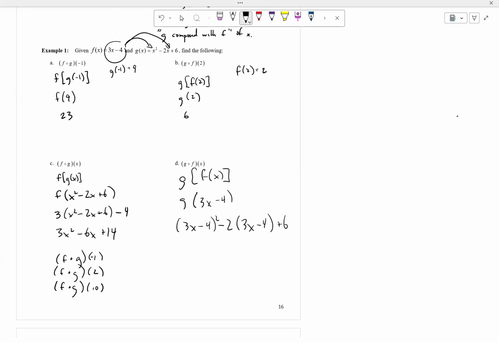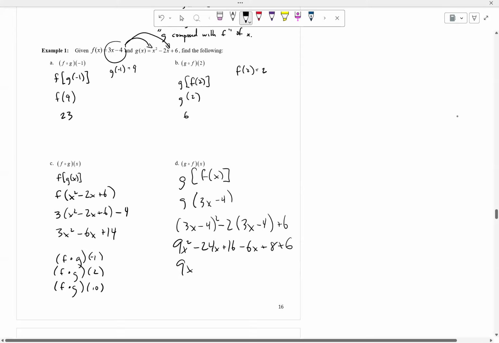Probably not. You always want to clean things up, so help us out. Minus 30x. Can you give me the next line that you got? I imagine 9x squared minus 24x plus 16 minus 6x plus 8 plus 16 plus 6.